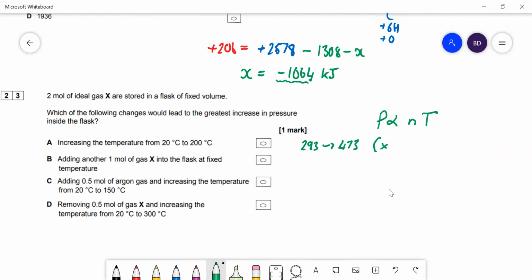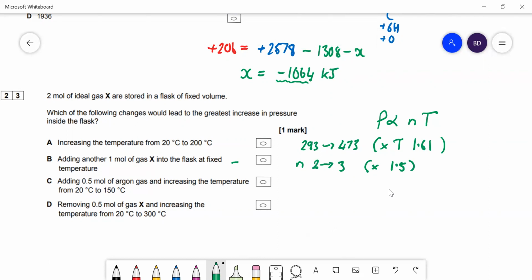So we have increased the temperature by 473 divided by 293, a factor of 1.61. And we haven't done anything to the moles. For B, we have added 1 mole of gas to X. So the moles n has gone from 2 up to 3, so that is multiplied by 1.5. That wouldn't have as big an effect as the first one, which goes up by 1.6.